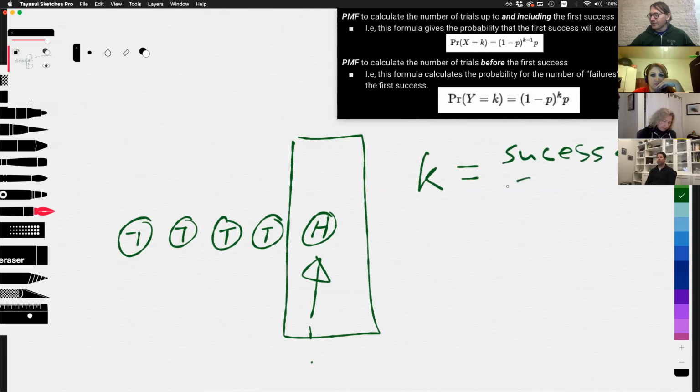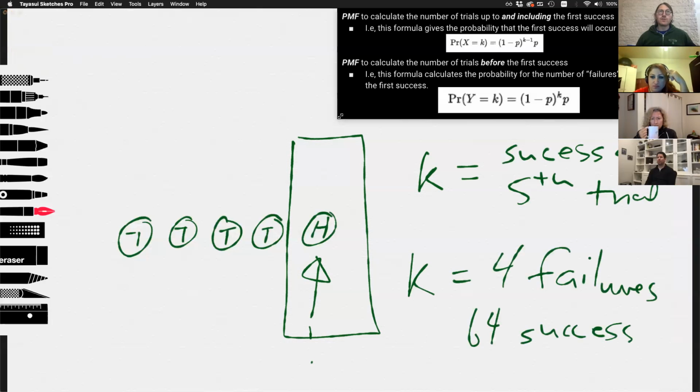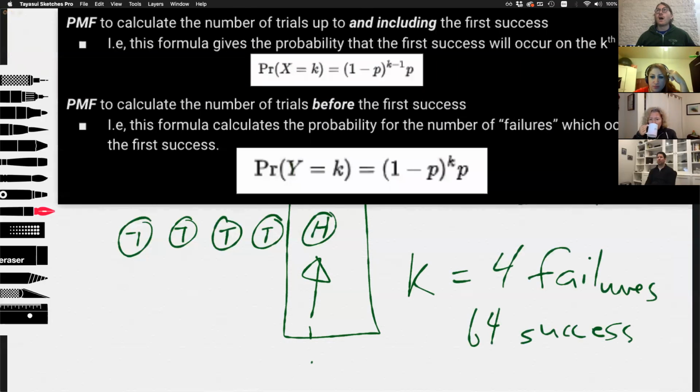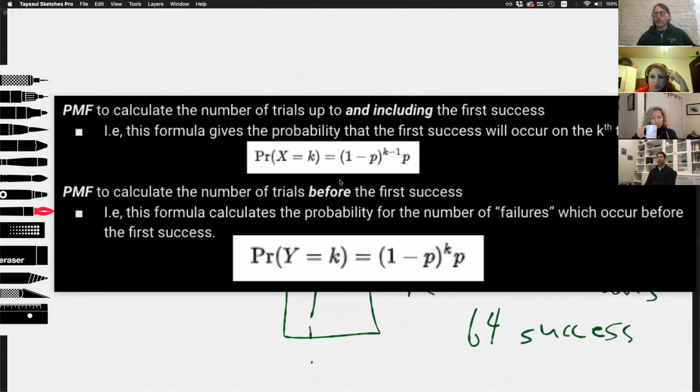Success on the 5th trial, or K is the probability of 4 failures before success. So we've got these two definitions of K that we can use. We're going to choose one of these in general, and most people will prefer one over the other.